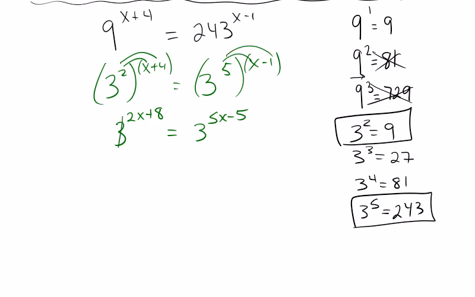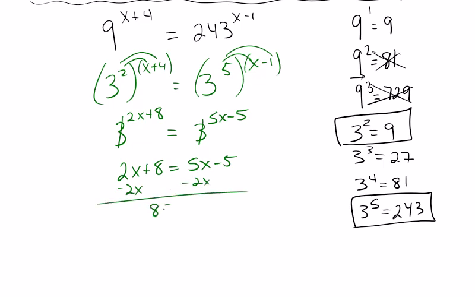So now that the bases are the same, that gets us 2x plus 8 equals 5x minus 5. So we can subtract the 2x. So 8 equals 3x minus 5. Add the 5 to the other side, which gets us 13 equals 3x. Divide by 3, and our x value would just be 13 over 3.